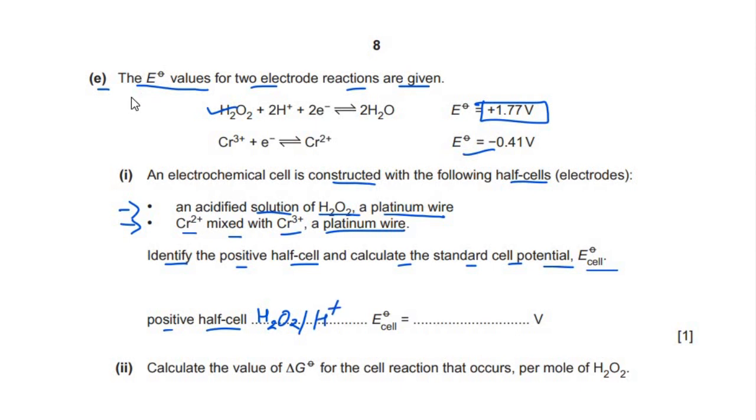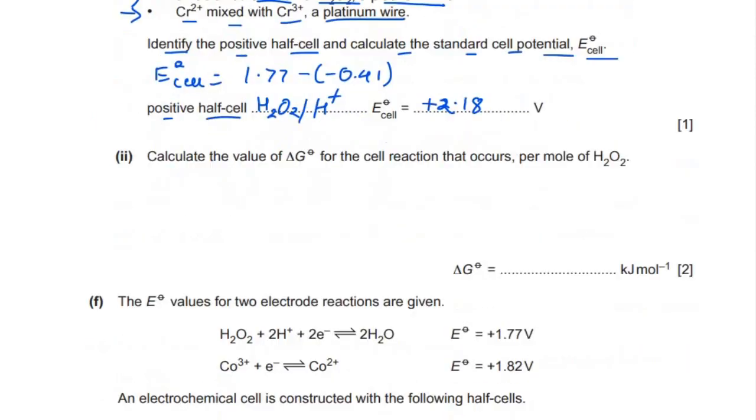And E cell value, if you want to calculate, that is bigger minus smaller, that is 1.77 minus (minus 0.41). That is how we calculate the E cell value. So we get plus 2.18 voltage. After addition of these two values we get 2.18. So this is how we calculated the E cell value.